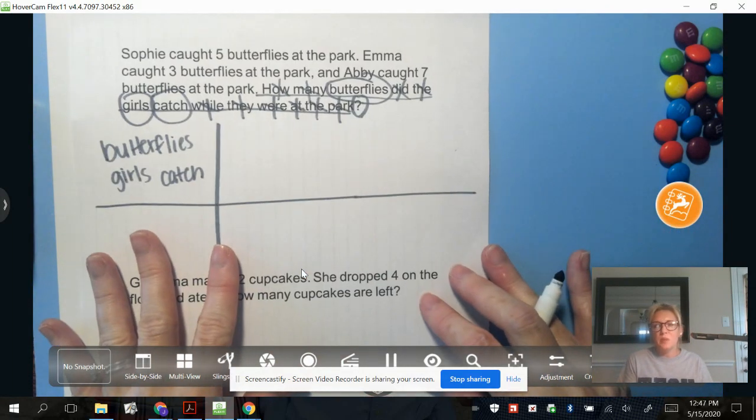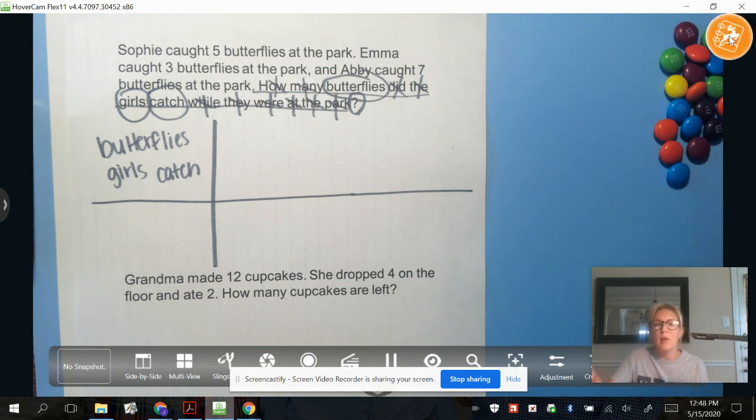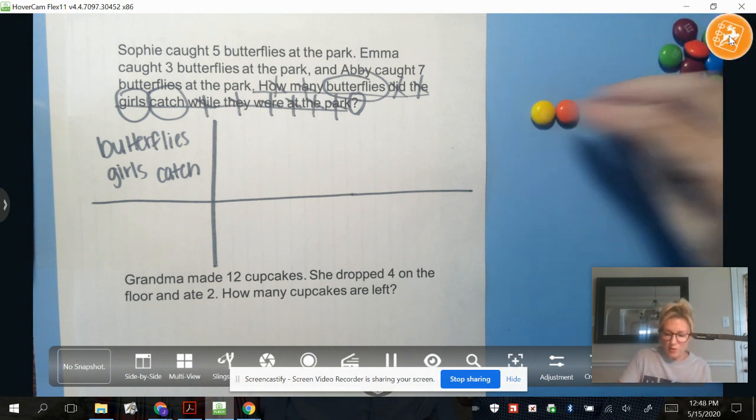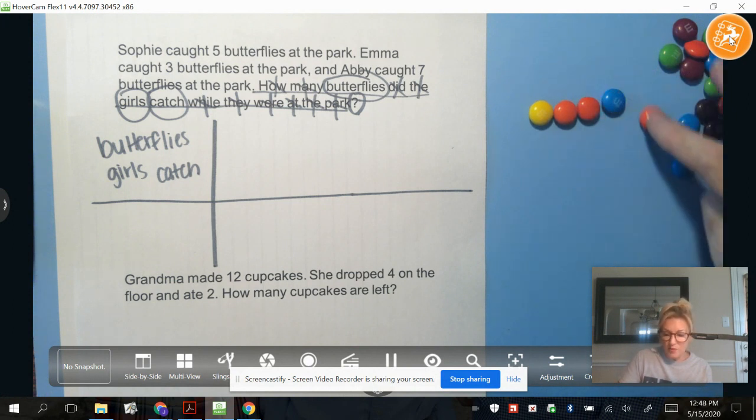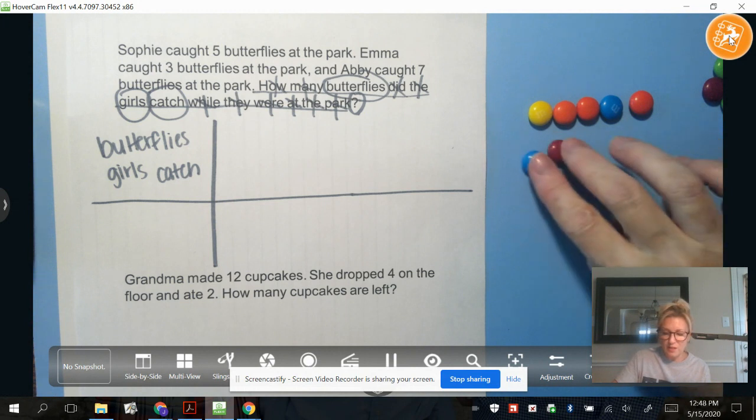Now, I want to build the model for you first with M&Ms and then write it for you. I just want to show you how using the objects to help you count can really make it a little bit easier for you. Sophie caught 5 butterflies. So let's get her 5 butterflies right here. And Emma's 3 butterflies.